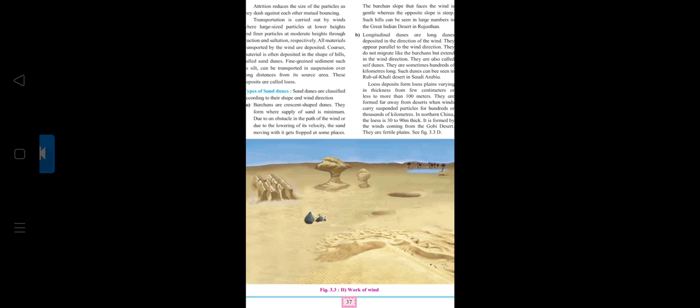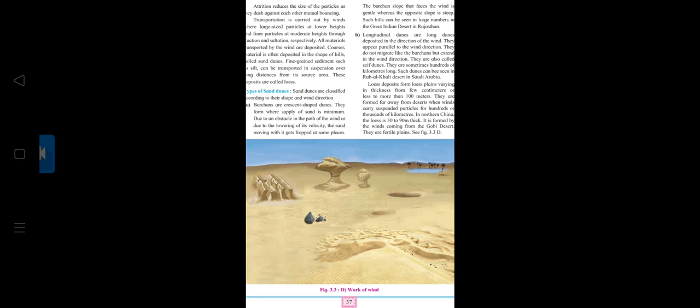Due to an obstacle in the path of wind or due to the lowering of its velocity, the sand moving with it gets dropped at some places. In a barchan, the slope of the crescent-shaped dune that faces the wind is gentle, whereas the opposite slope is steep. Such hills can be seen in large numbers in the Great Indian Desert in Rajasthan.